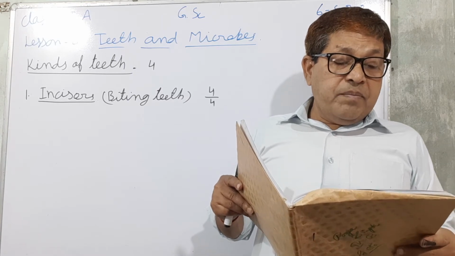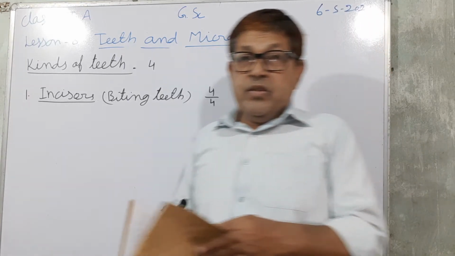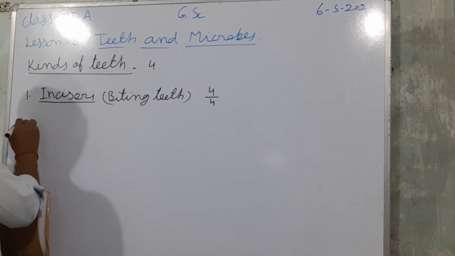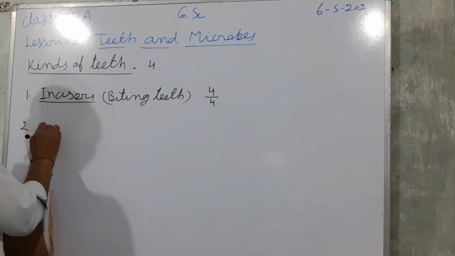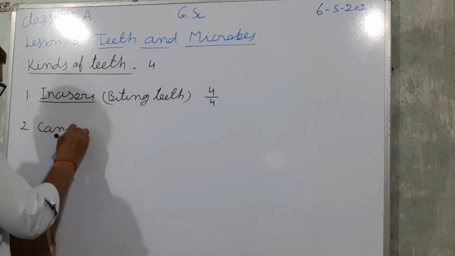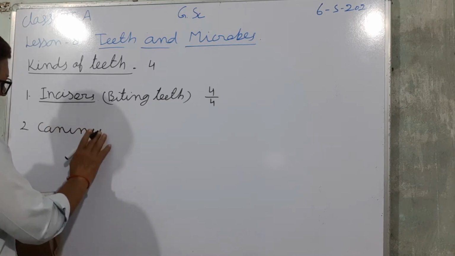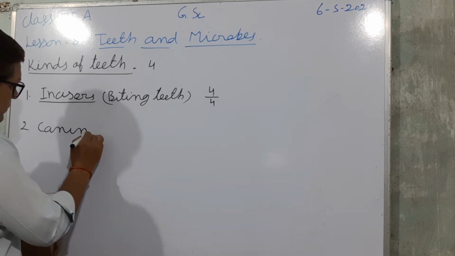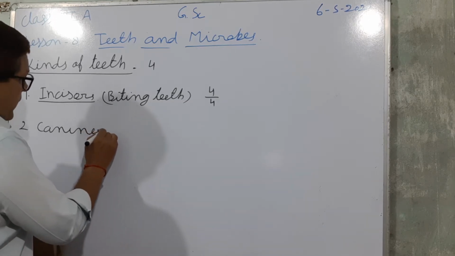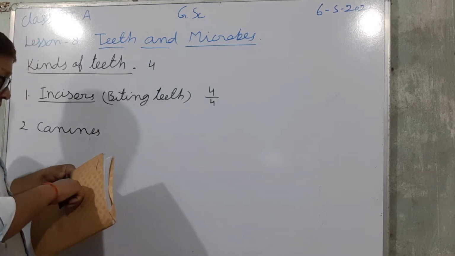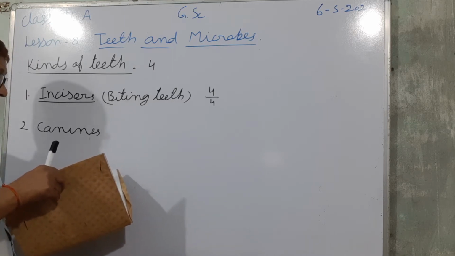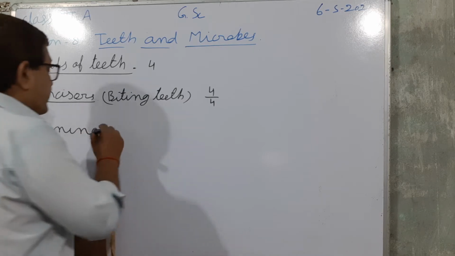These teeth help tear the food. So next to the incisor, after that, canines. These are meant for tearing all the foods. Named as the tearing teeth.